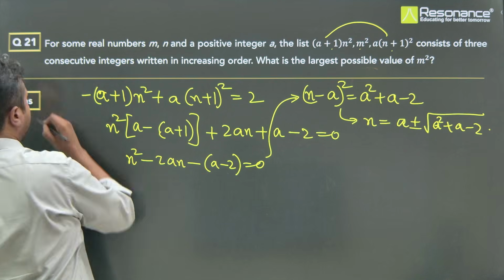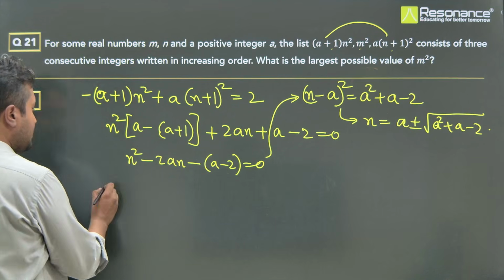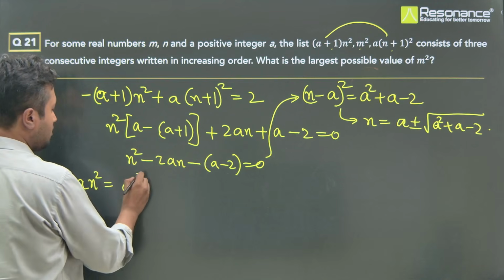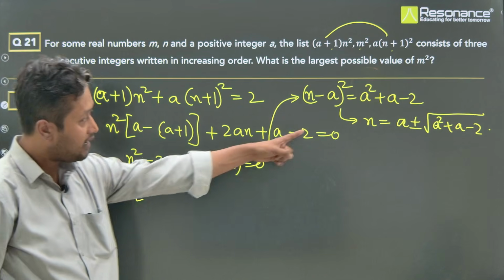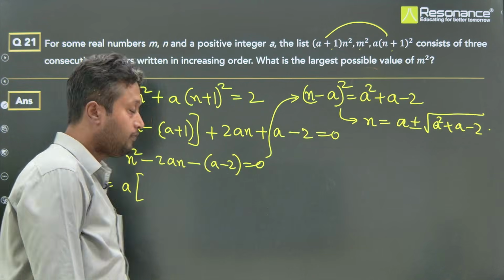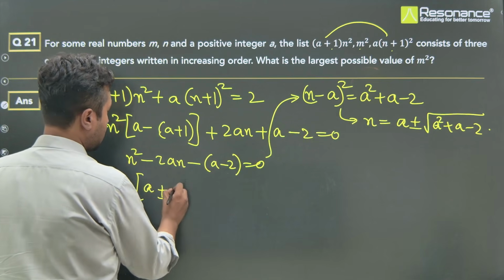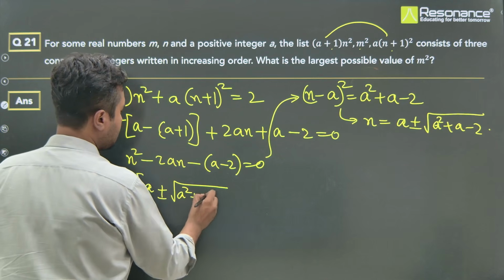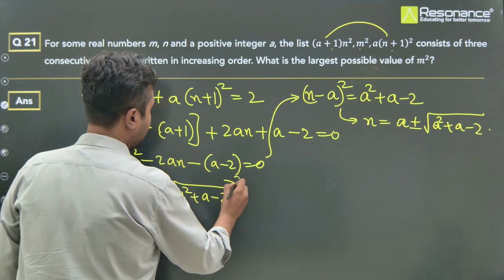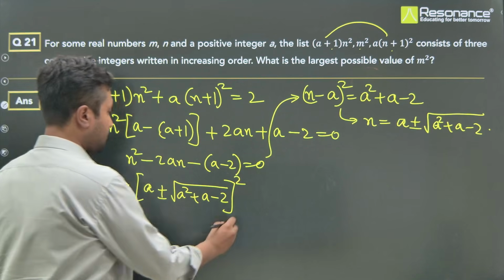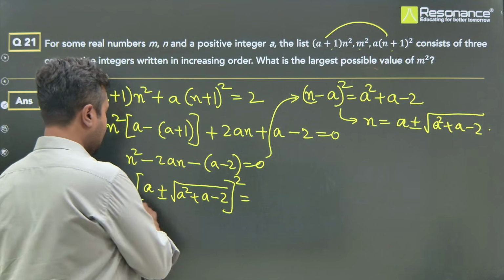Okay. Now what do we have? N square would be, okay, let's also multiply by a. So we have a times n square, and n, by the way, is that number. So we write a times a plus or minus the square root of a square plus a minus 2, and then the whole thing squared. This must be an integer. So let's see what that tells us.